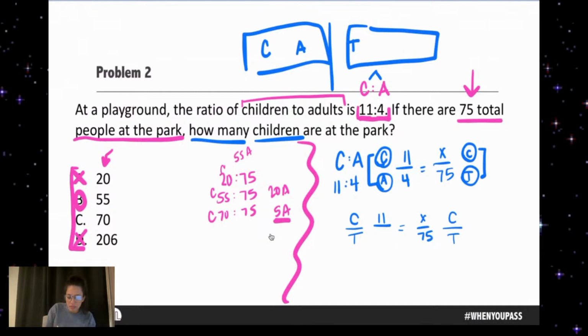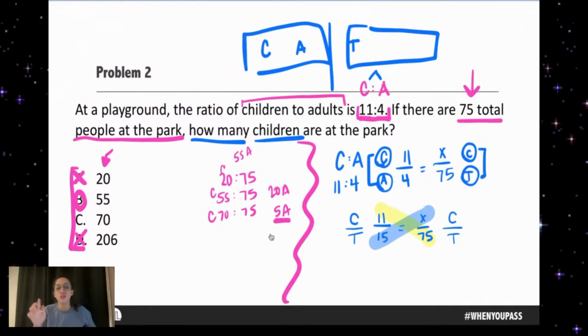I can go ahead and erase this, and I have 15 right there. So now I can cross multiply because I'm comparing the same things. So 11 times 75, I'm going to use my calculator.